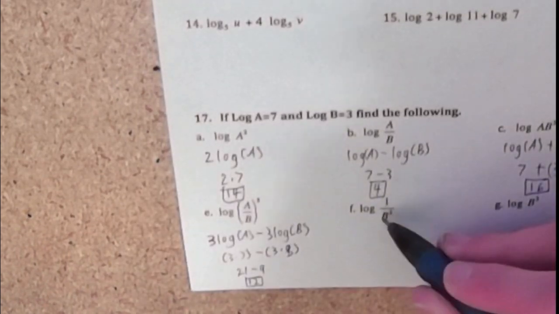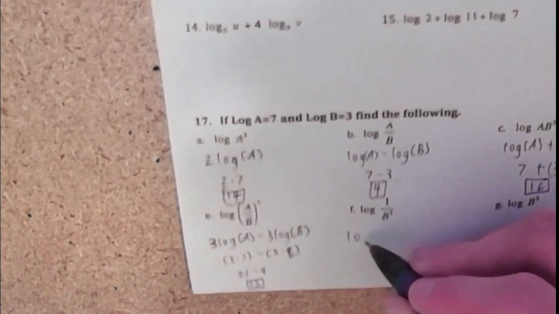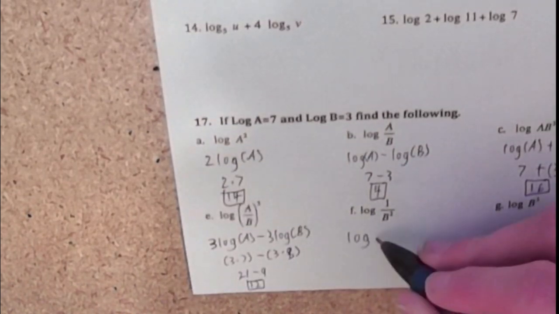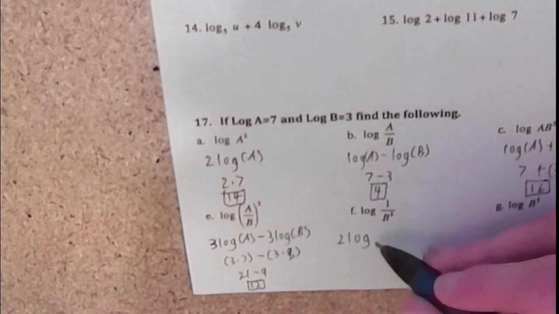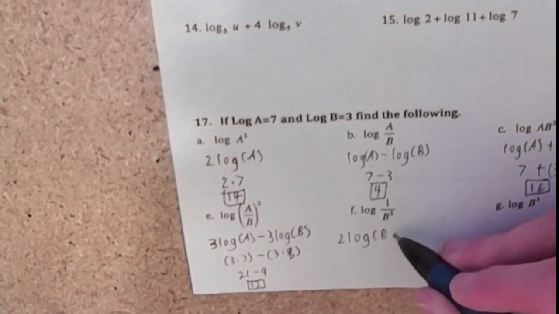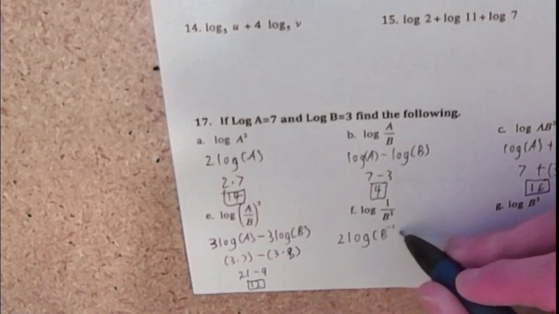Then, this is basically the same thing as this. We're going to get log of, since it's b squared, we can just put that right there, of b to the negative 1, right?